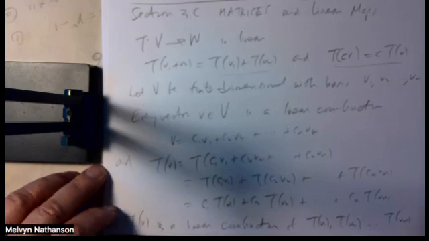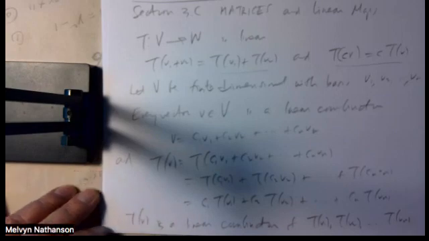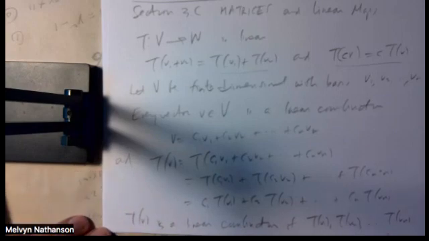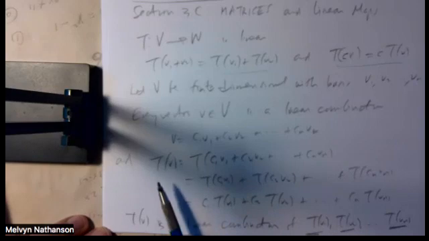Right, so this is just general information about a linear transformation. What this tells us is if we know how the linear map T acts on the basis vectors, that's all we need to know to understand how T acts or transforms any vector in the vector space.